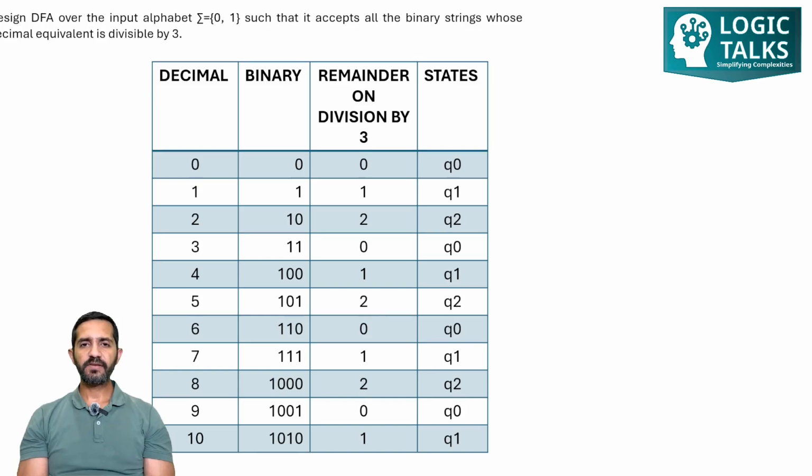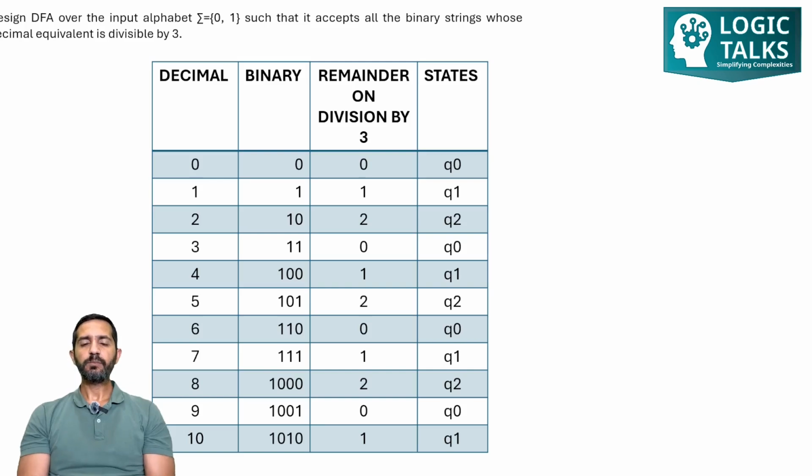So let's take an example. If we have 0 as input, then it should lead me to state q0 because the corresponding remainder here is 0. If I have binary 1 as input, then it should lead me to state q1 because the remainder value is 1. If I have input 10, then it should lead me to state q2 because the remainder here is 2.